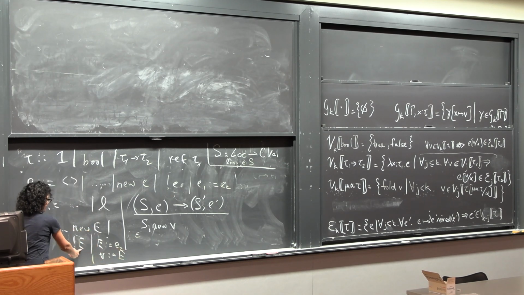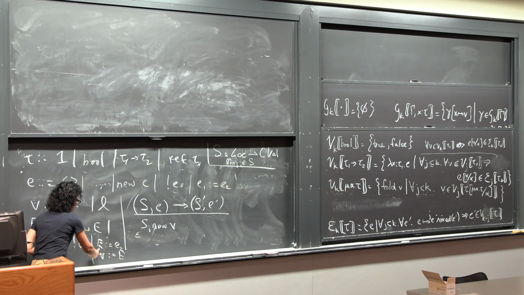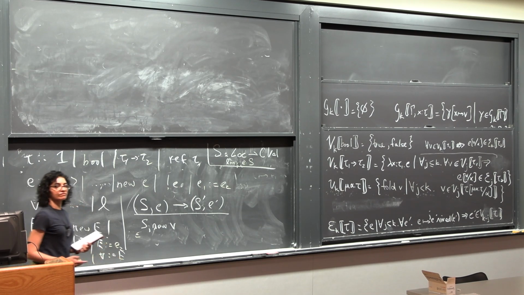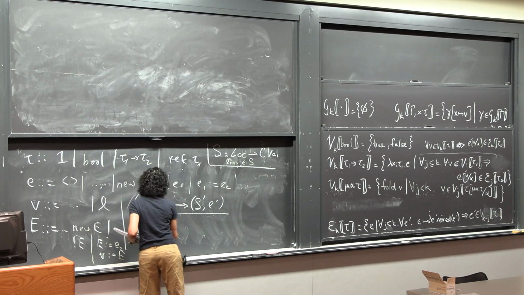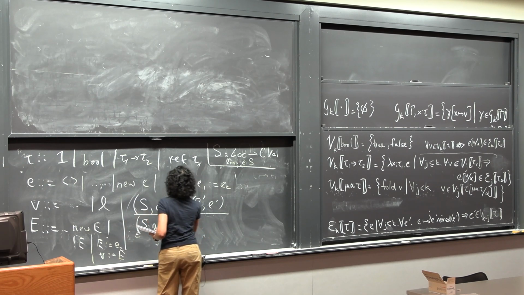Evaluate in this position first, evaluate under the bang first, evaluate on this side first, and once you have a value here, evaluate on the left. Right? So left to right call by value evaluation, still pretty standard. Okay, so now let's do the actual creating of a new reference cell.